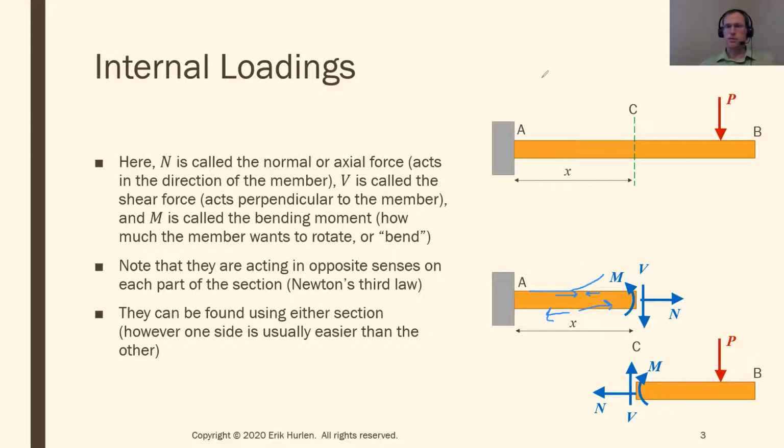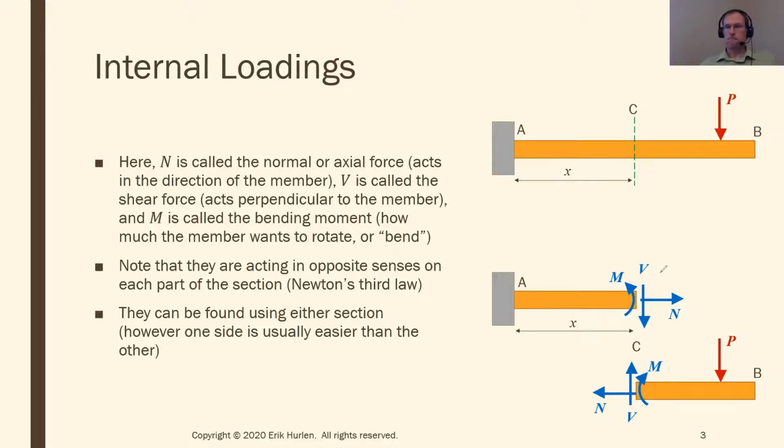And so that is a positive moment. Same thing with down here. If I have this moment going in that direction, that's going to push these top fibers together, going to pull these bottom fibers apart. So again, that is a positive bending moment. Pushing that up makes him want to, again, hold water in there, make a kind of smiley face.